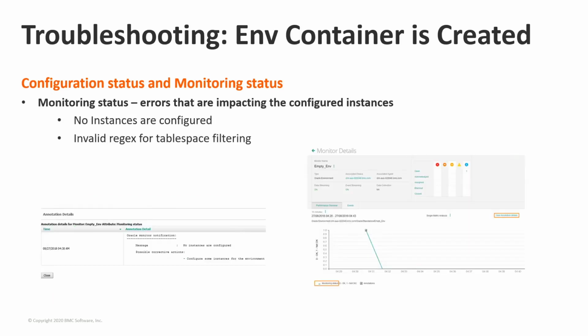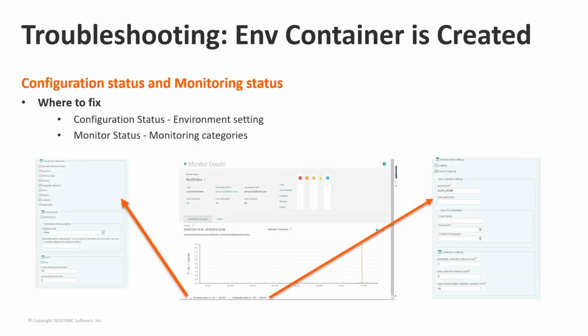As mentioned, monitoring status reports configuration errors that are impacting all the configured instances at the environment level. Like if you don't configure any instance under the environment, you get a message about it, or if you use an invalid regex for tablespaces filtering. Here, you can see where and what to fix, in case configuration status and monitoring status report a problem.